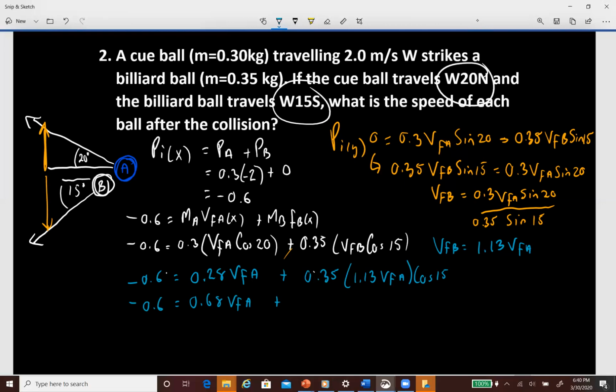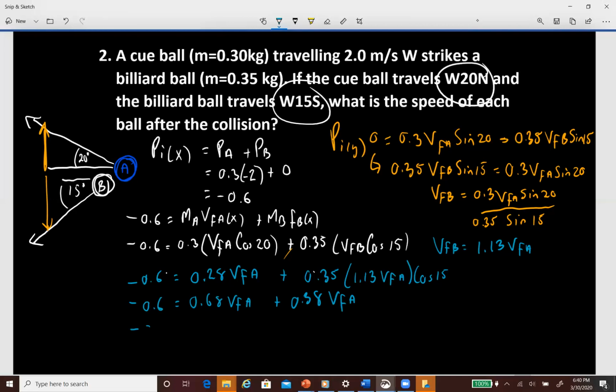Now I'm going to double check that I actually did this substitution, because it would be embarrassing. So 0.35 times 1.13 times cosine of 15 equals 0.38. That's right. So 0.38 VFA.